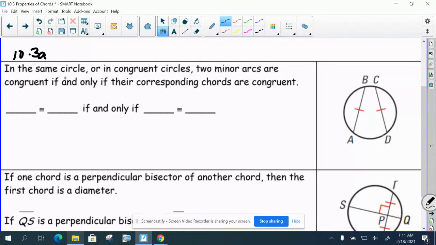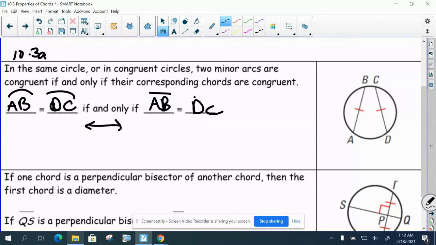And the opposite, if and only if, means you can go in either direction. So arc AB is congruent to arc DC if and only if chord AB, which is a segment, is congruent to chord DC.